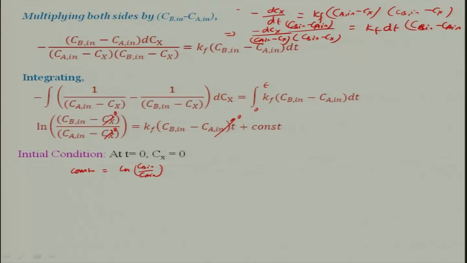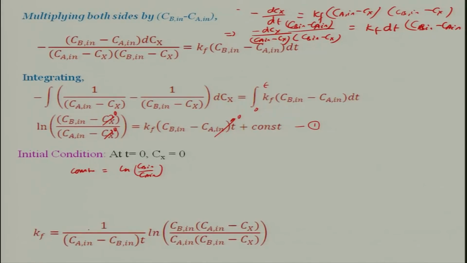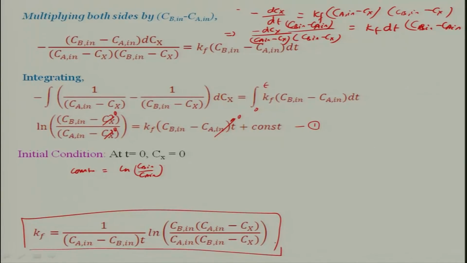If I substitute this constant in this equation, let us say this is equation 1, then I will get Kf equal to 1 over (Ca in minus Cb in) t times ln of this portion, into Cb in divided by Ca in. So I get an expression, and of course Ca in and Cb in are all known.